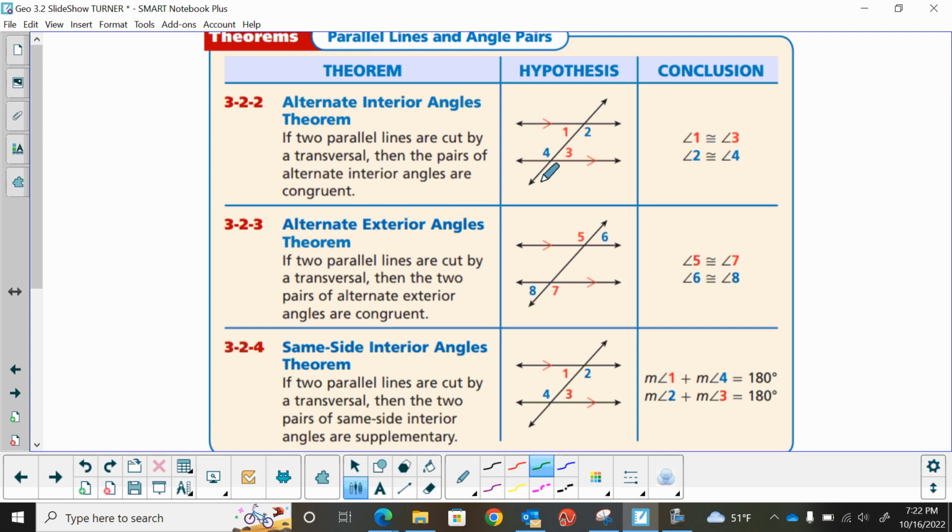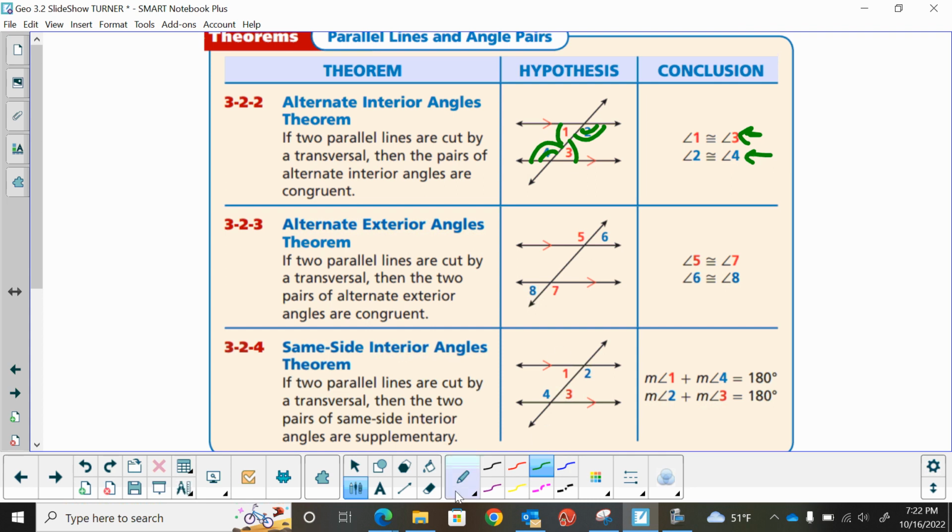So looking at my diagram, I see these two lines are parallel, with my transversal going through. Angles 1 and 3 are alternate interior, so they are congruent. And then 2 and 4 are the other pair of alternate interior angles, so they are congruent.